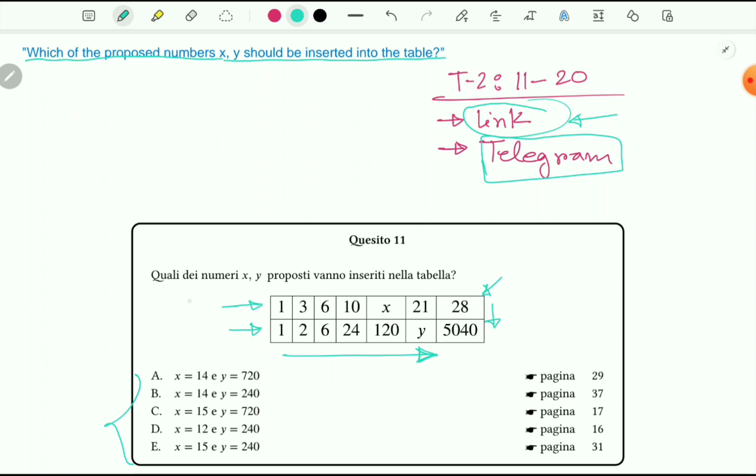For example, in case of series 1, if we look at the difference between the numbers, here the difference is 2, here is 3, 6 and 10 gives us 4, and the difference between 10 and the value x must be 5.